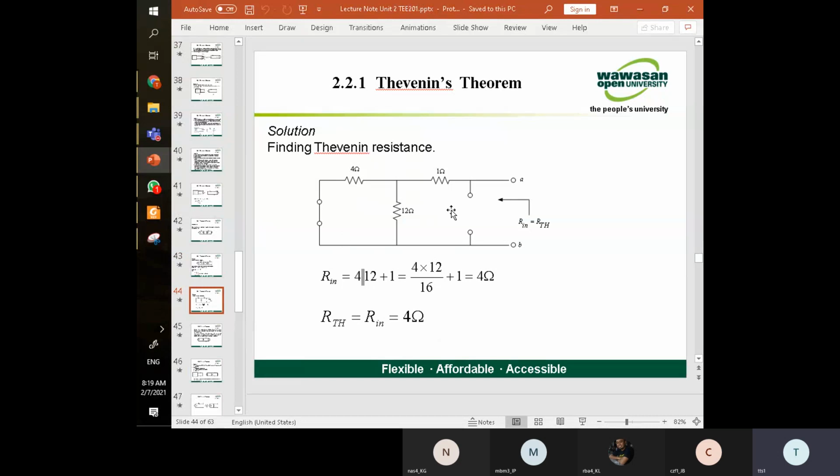Then we use circuit analysis to reduce these resistances to only one value, the equivalent resistance of the whole circuit, also called the Thevenin resistance. Some components are in parallel and some are in series, so we work out the equivalent resistance.